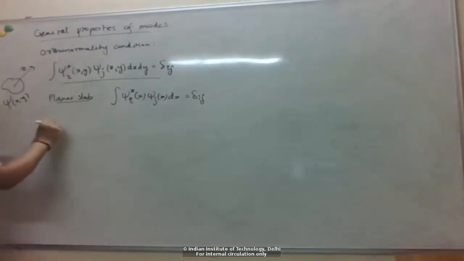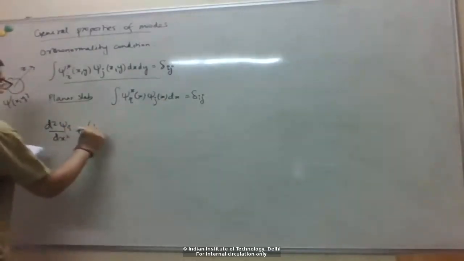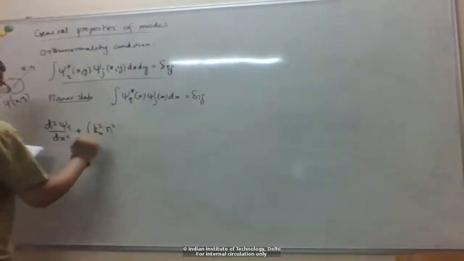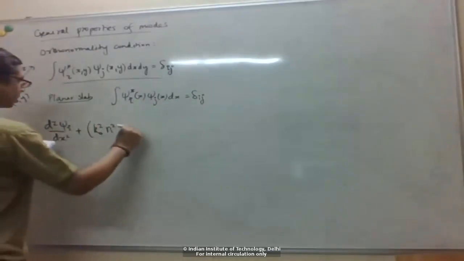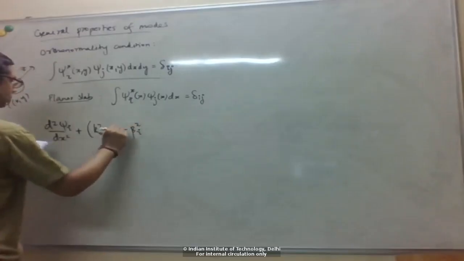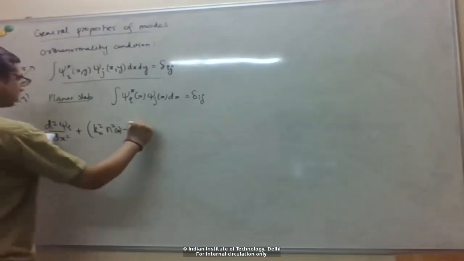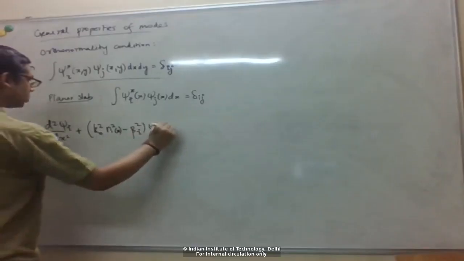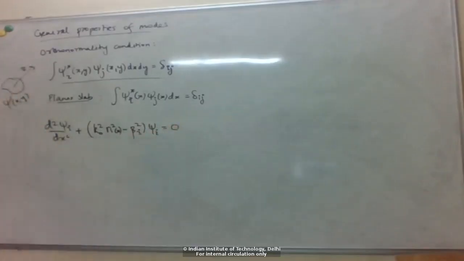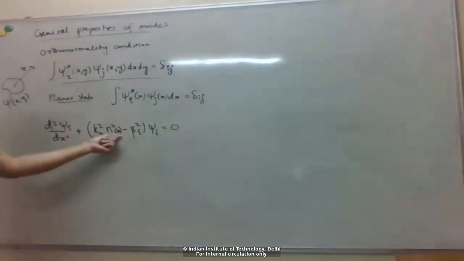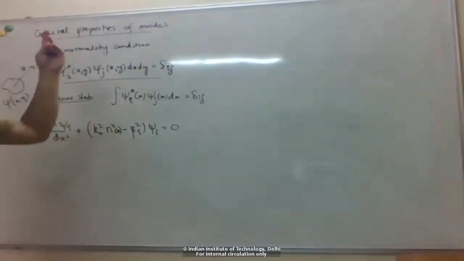So again, going back to the equation that we solved, the homogeneous wave equation, right? This n square of x, for example, for a step index was n1 in the core region and n2 in the cladding region.